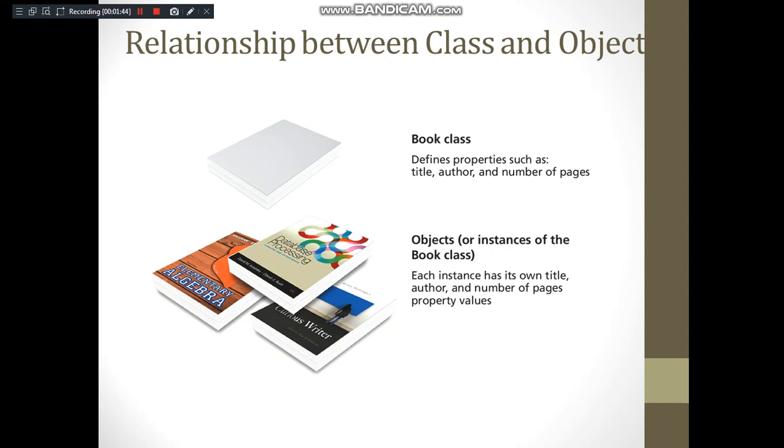Let us consider one simple example. We'll take a book class which has properties like title, author, number of pages, etc. When we create an instance of that book class, which we call an object, each object will have its own title, author and number of pages property values.